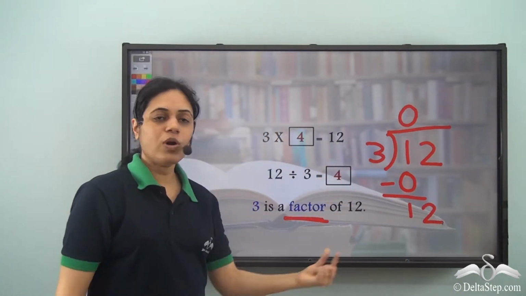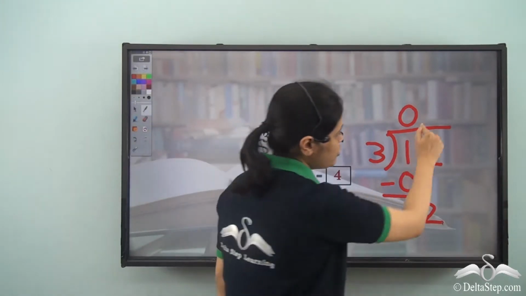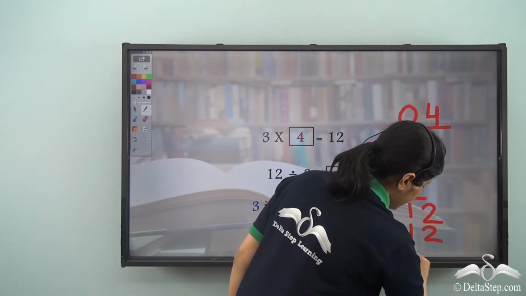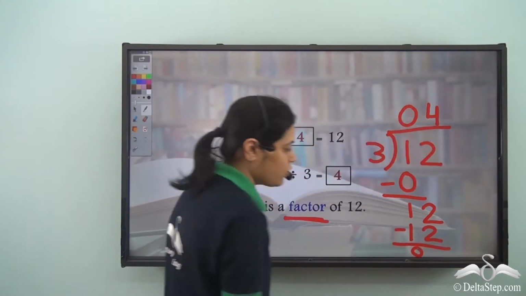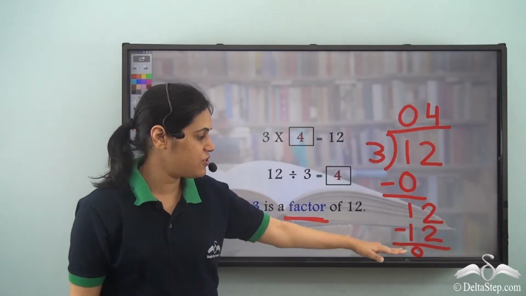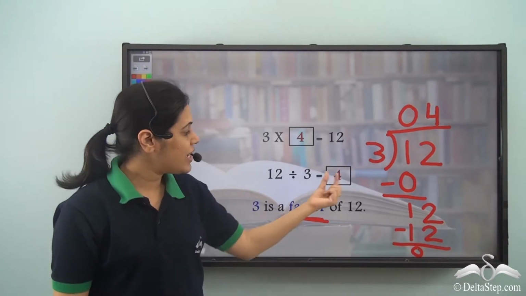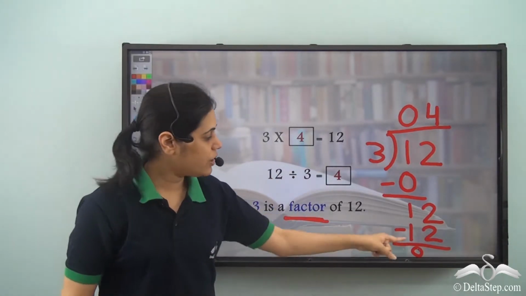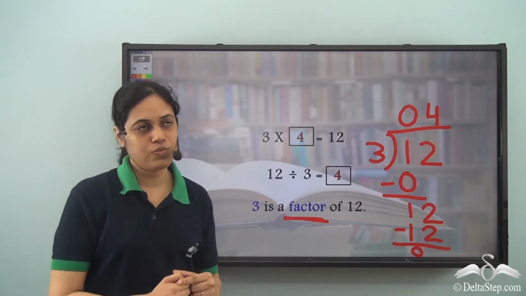So 3 into what is 12? 3 into 4 is 12. And 12 minus 12 is 0. So the remainder, or what is remaining after the division, is 0. So I can say that 12 is divisible by 3 because the remainder is 0.